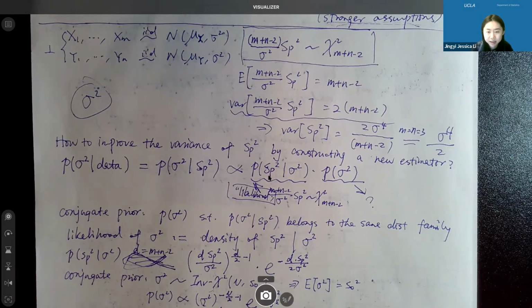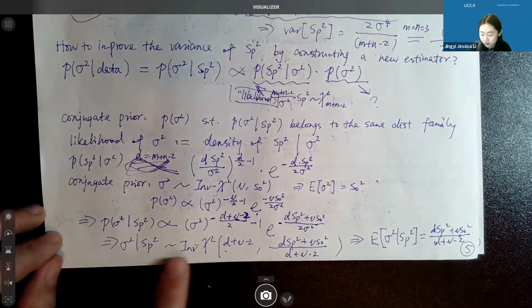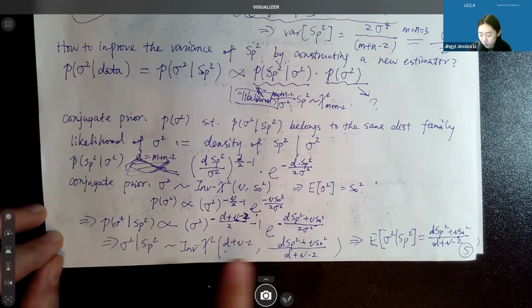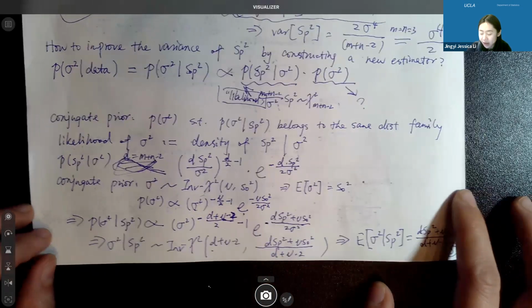Because we know the distribution of SP square given sigma square is chi-square, correspondingly we find the conjugate prior, which is the inverse chi-square. Using this conjugate prior, we would have the posterior still following inverse chi-square with different parameters. And then what we did is to take the expectation of the posterior as the new estimator.